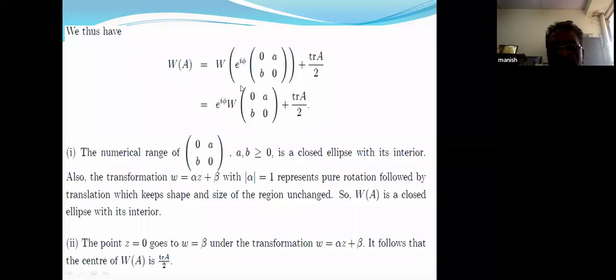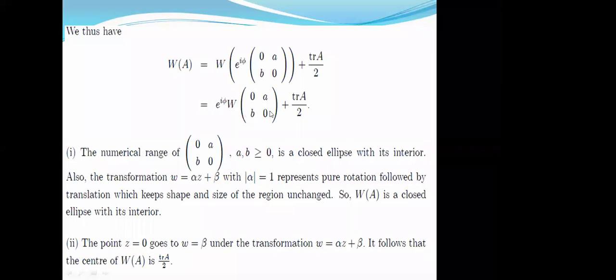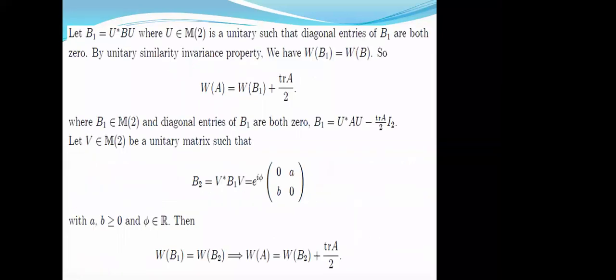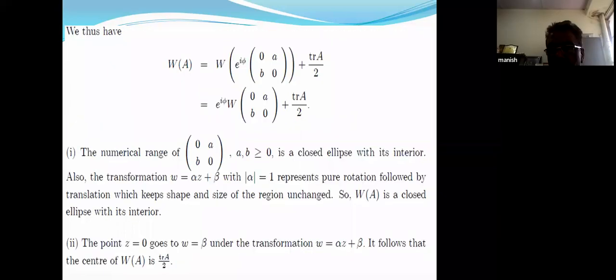So we have calculated the numerical range of this matrix, [0 a; b 0]. Also note that this matrix is unitarily similar to the matrix B. So by using some invariant properties of unitary matrices, we can calculate some terms involving this matrix. Now first, the numerical range of this is a closed ellipse with its interior.